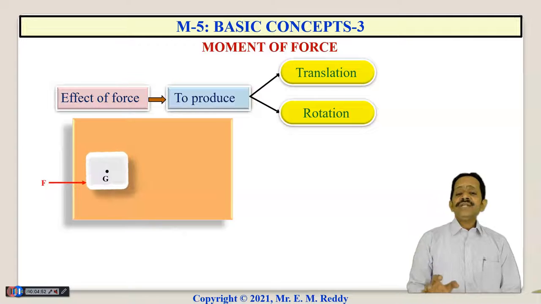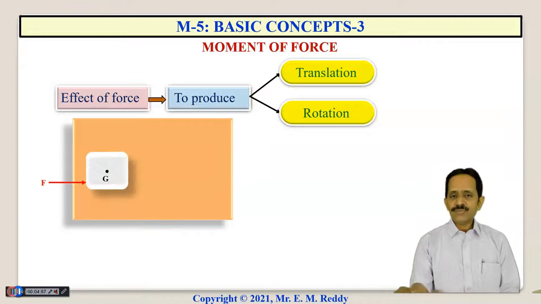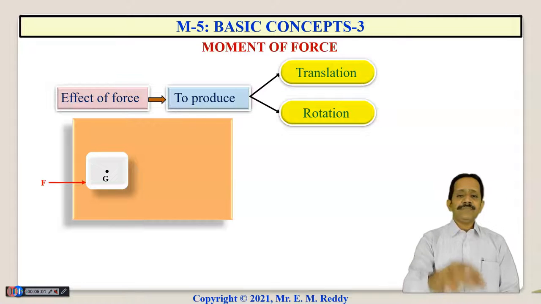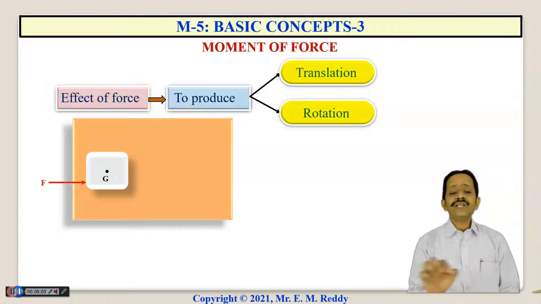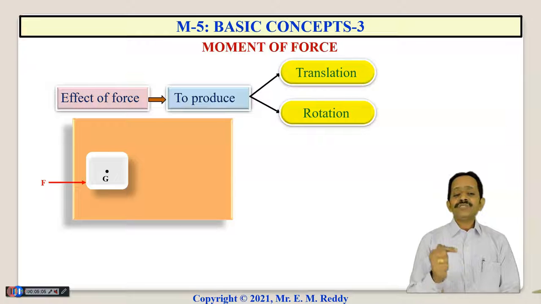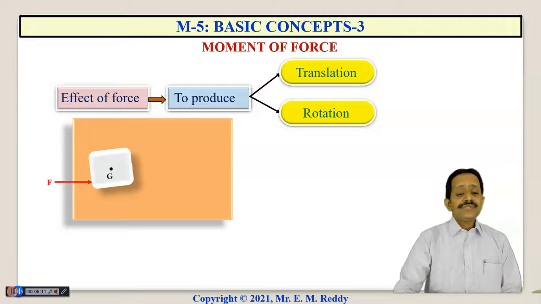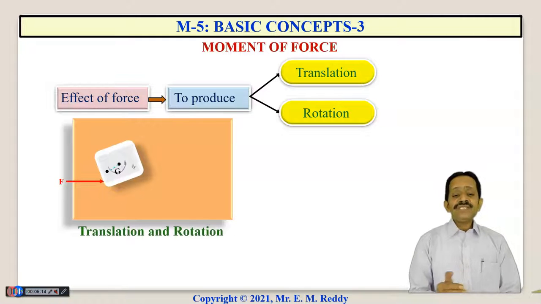Suppose this body is simply kept on the surface, not fixed. Please note this point. The body is not fixed to the surface. Force is applied at the corner. Now what is the effect of the force on the body? The force tends to move as well as rotate the body. The position of G is changing, hence the body is having translation.